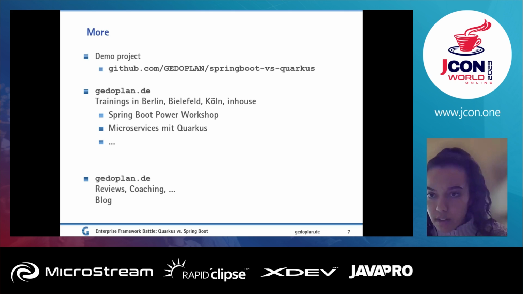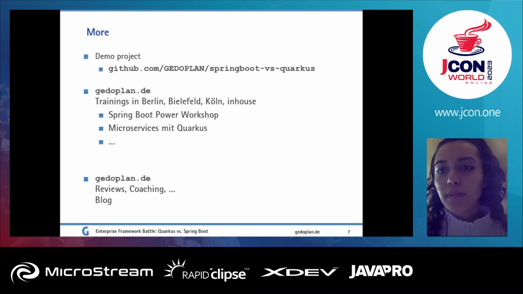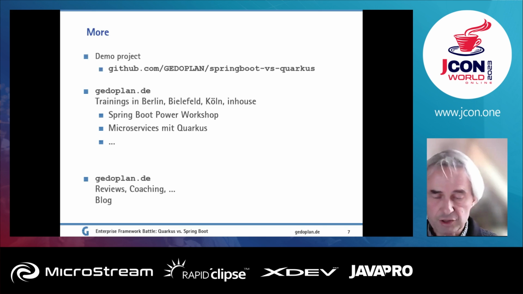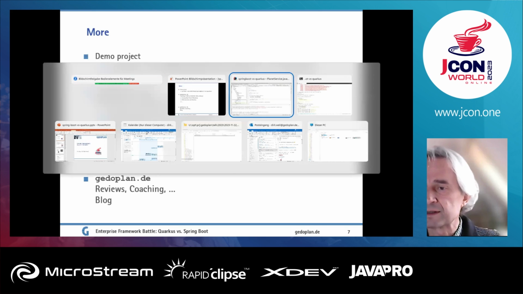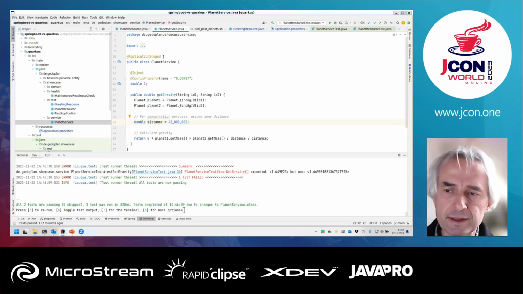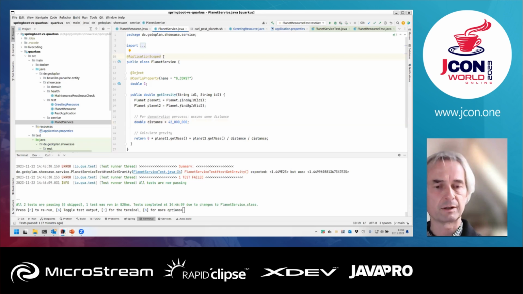Okay, thank you. There was another question. Could you explain the scopes in Quarkus, like application scope? Application scope like this here is a declarative means of making a singleton.